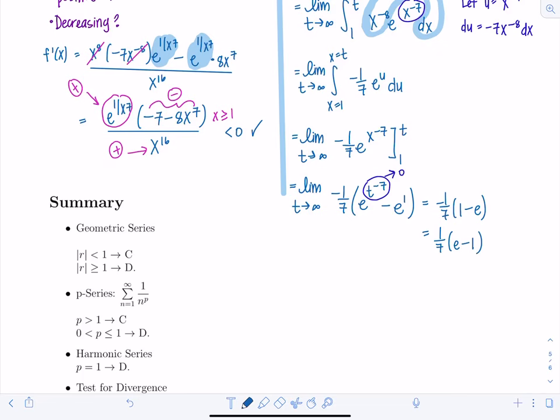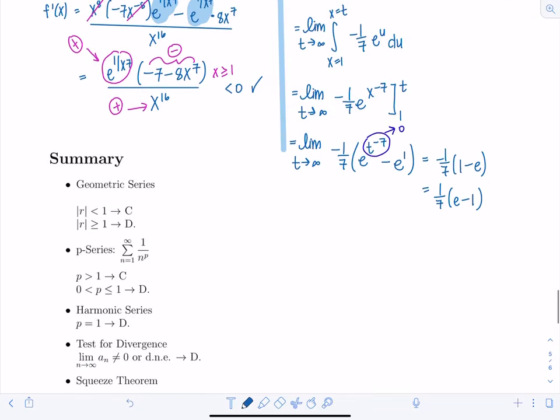I don't really care what it comes out to. All I care is that it's finite and the improper integral converges. So what this means is my original series, n equals 1 to infinity, of e to the 1 over n to the 7th over n to the 8th also converges by the integral test.